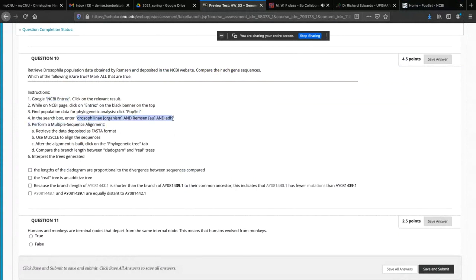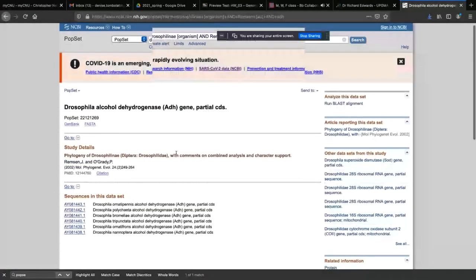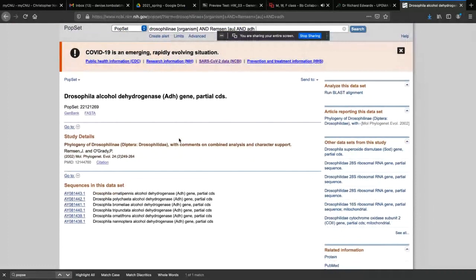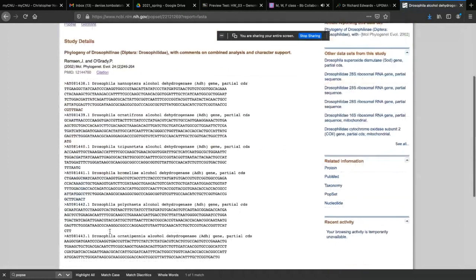So I'm just going to copy all that. That's the set that I want you to run some analysis on. Search. Okay, so there you go. These are the population information that I want you to compare. And instead of clicking on each of these separately, you just click here on FASTA. It's going to have those sequences there.